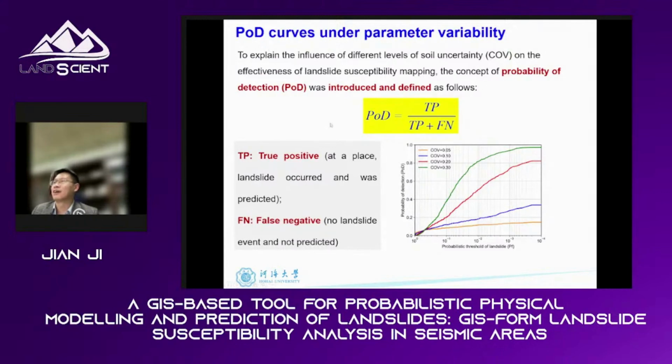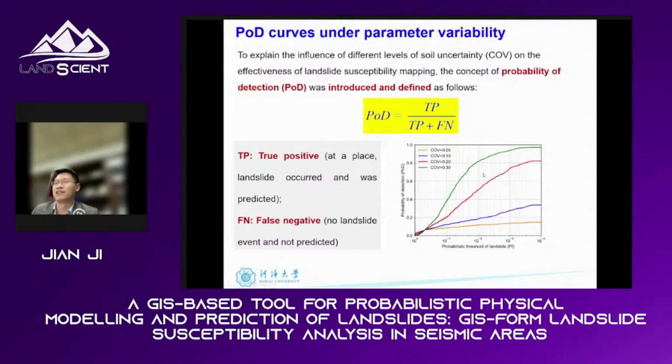And this is the POD curve made for the Jiudaigou landslides. Using the probability of detection curve, we can quantitatively compare and study how the variation of the soil shear strength can affect our probability of detection curve.